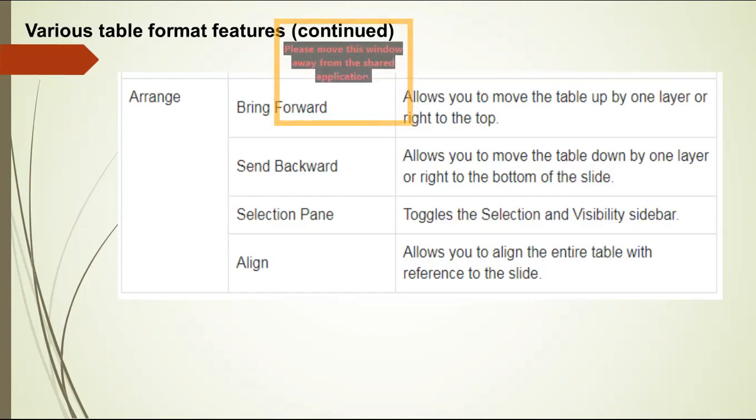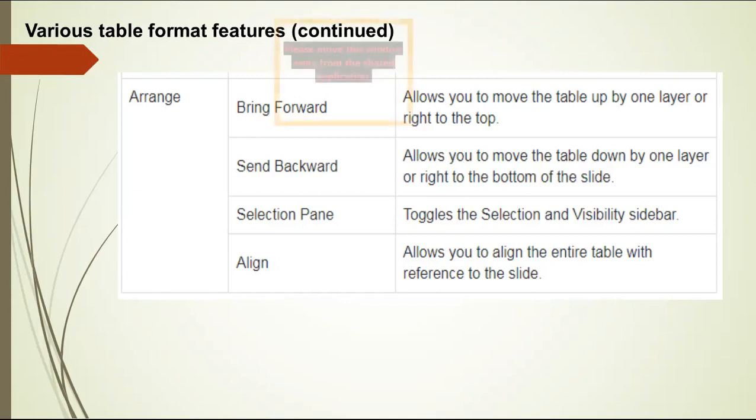Okay? Kumbaga, pwede niyang ma-cover, okay? Matakpan yung mga text, ibang text. Okay? And send backwards allows you to move the table down by one layer or right to the bottom of the slide. Okay, yung send backward, ibig sabihin pwedeng behind text siya. Okay, nasa likod ng text. Yan.